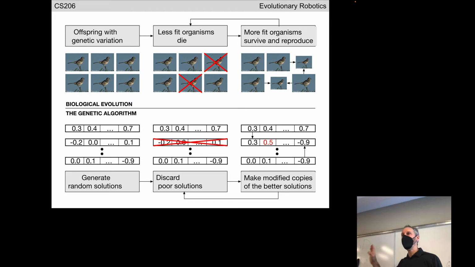Evolution is not an optimizer. Evolution is a satisficer. And we're going to see that over and over again in this course. We cannot guarantee that evolution will find the optimal solution, but it often comes up with ingenious solutions that are good enough, that satisfy whatever we want the robots to do or whatever the organisms have to do.